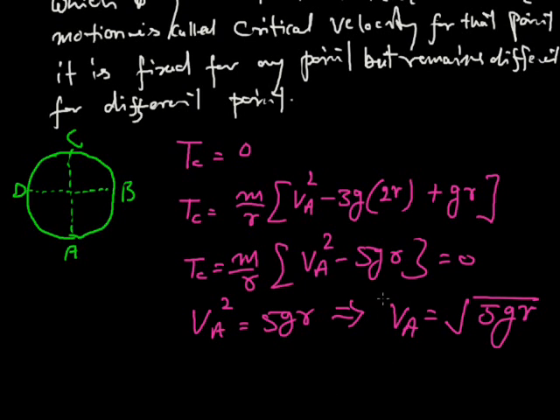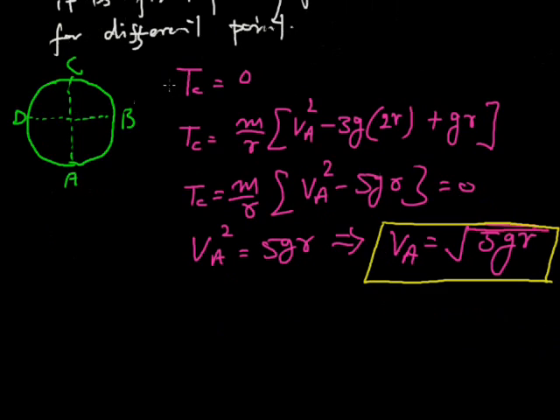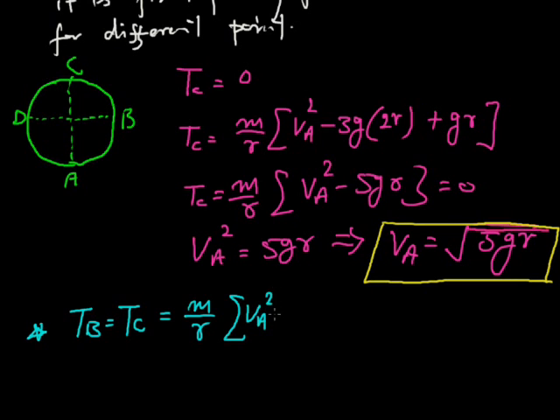This is the critical velocity at point A. Tension at C is 0 and the critical velocity, the minimum velocity to execute the vertical circular motion required at point A, will be root 5gr. Tb is equal to Tc is equal to m upon r times (Va square minus 3gh plus gr).